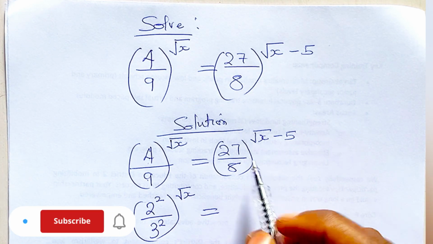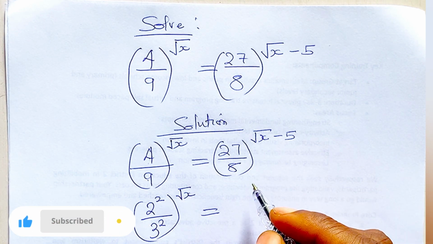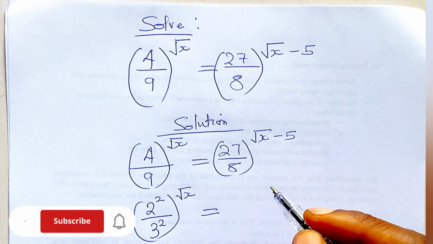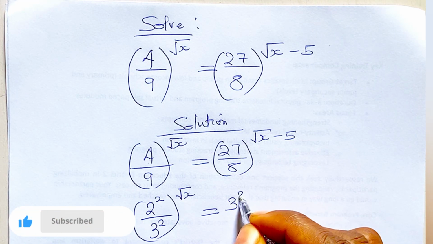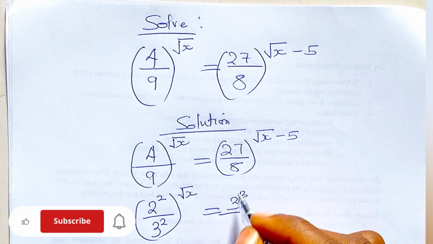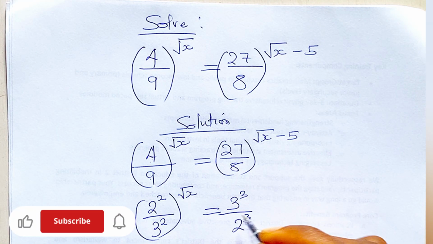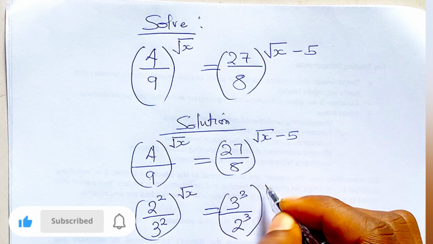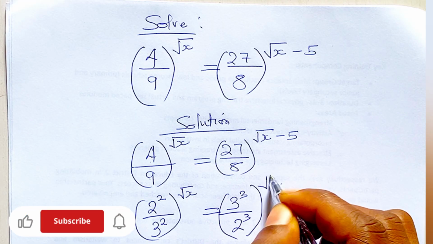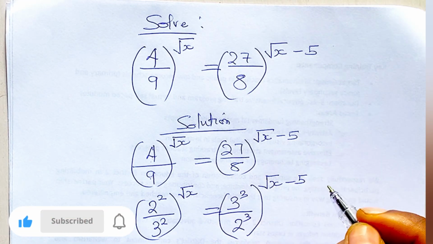That's equal to 27, which can be rewritten as 3 multiplied by 3 multiplied by 3, that's 3 cubed, all over, in the same vein, 8 can be written as 2 to the power of 3, raised to the power √x − 5.